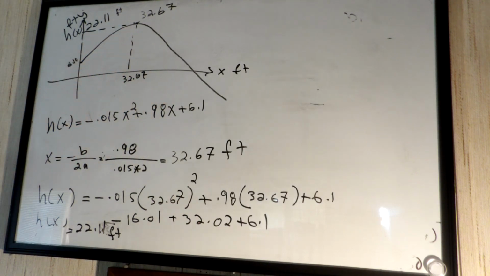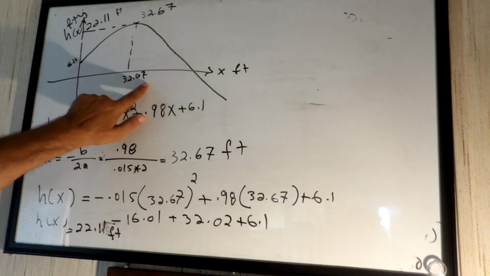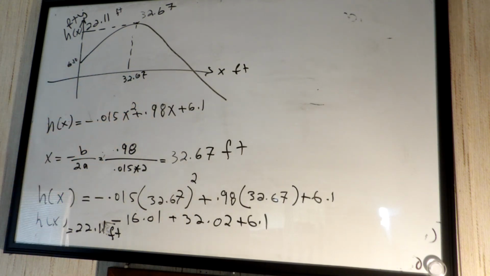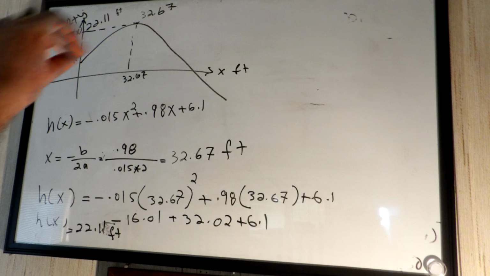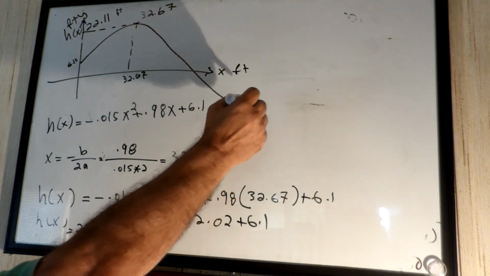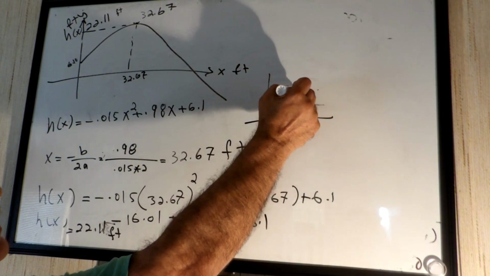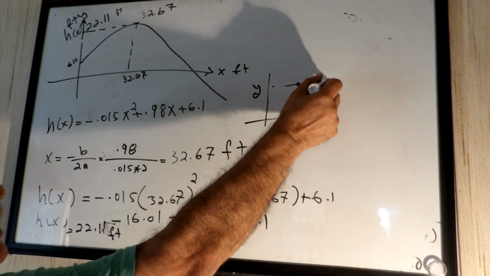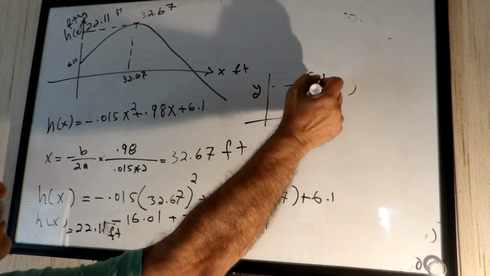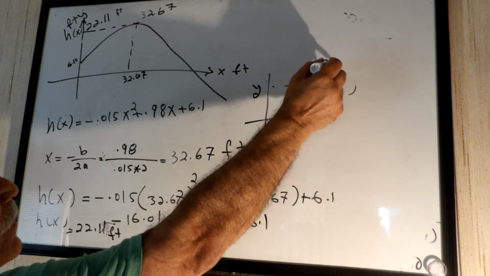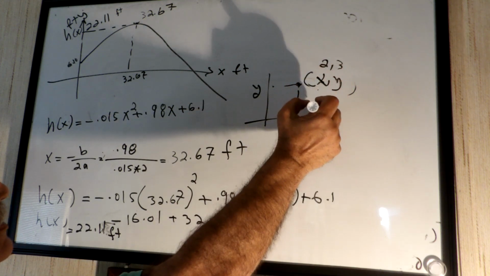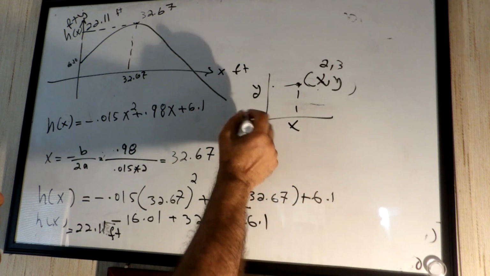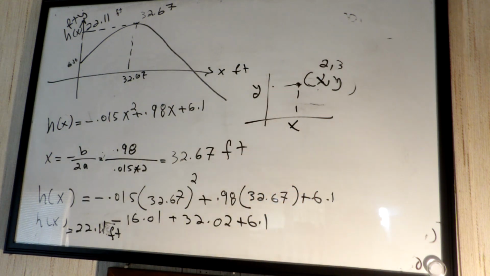When something is two-dimensional, in the air, it has an x coordinate and a y coordinate. If x is 2 and y is 3, you write the coordinate as (2, 3). We already talked about this.